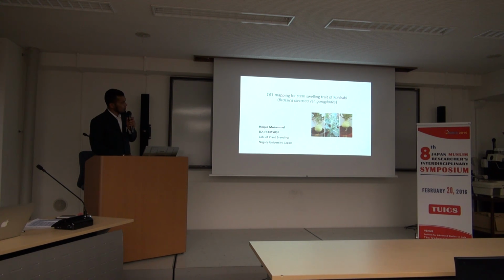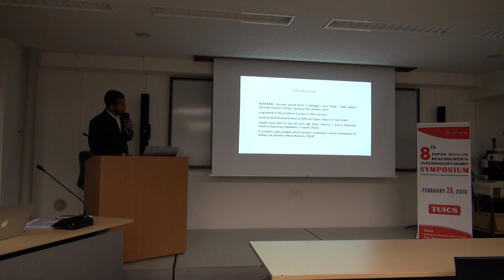Kohlrabi is very popular in the Indian region and some European regions, but not common in Japan or some other countries. So I am giving information about QTL mapping in kohlrabi for the stem swelling trait.